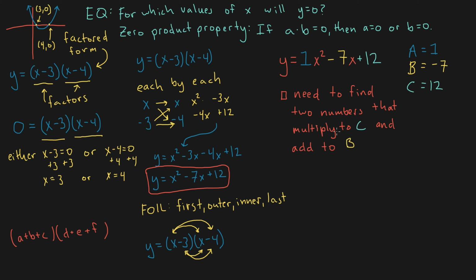So we want to find two numbers that multiply to C and add to B, and then those two numbers are going to be our terms inside of each factor when it's in factored form.